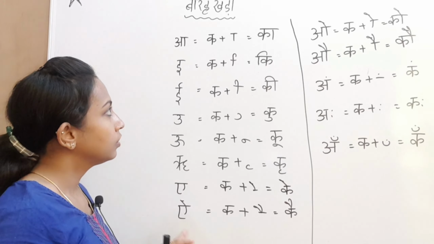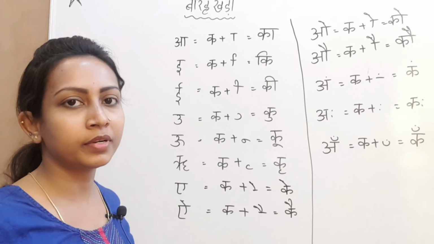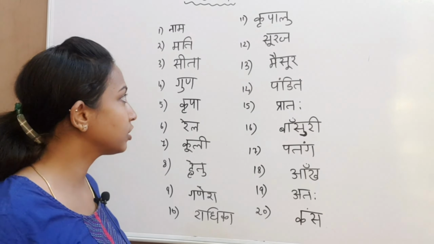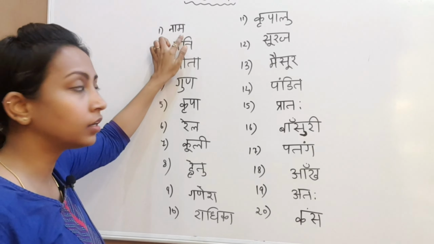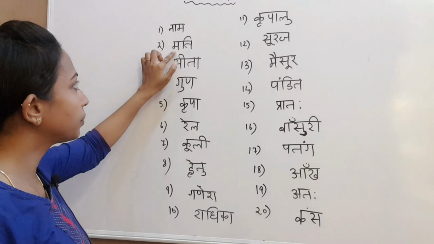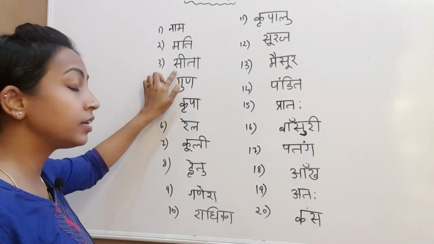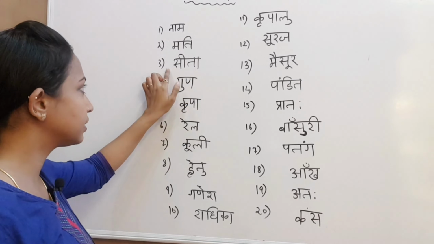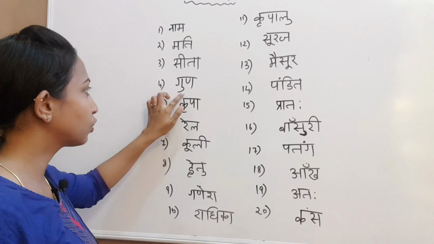Okay. Let's see some words with vowel symbols. First one, na, ma, nam. Ma, ti, mati. Si, ta, sita. Gu, na, gun.